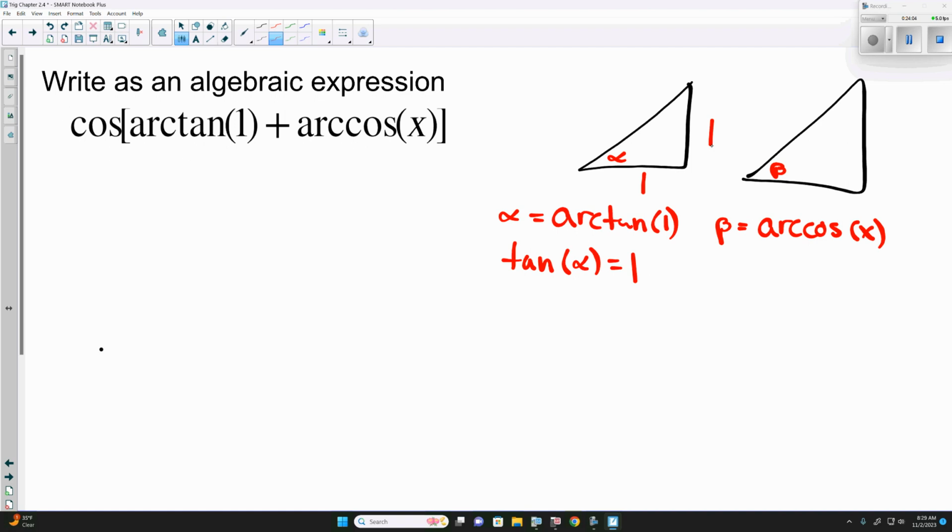To find the hypotenuse, c squared is equal to 1 squared plus 1 squared, or 1 plus 1. C squared is equal to 2. And if we take the square root of both sides, c is just the square root of 2.